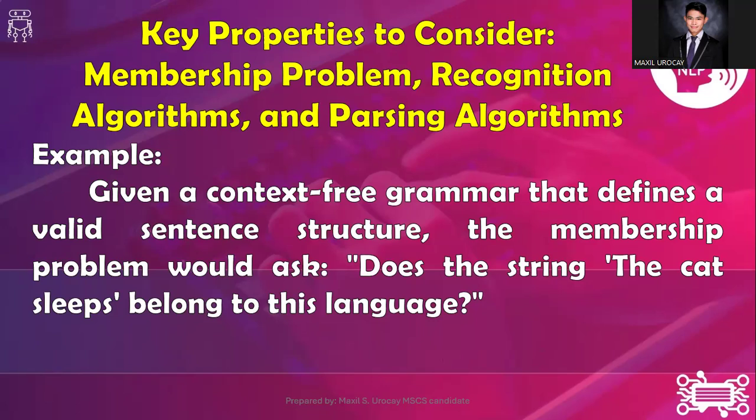The task is to determine if this string can be derived using the rules of the grammar, which in this case it can be, since "the" is a determiner, "cat" is a noun, and "sleeps" is a verb, making it a valid sentence in the language.